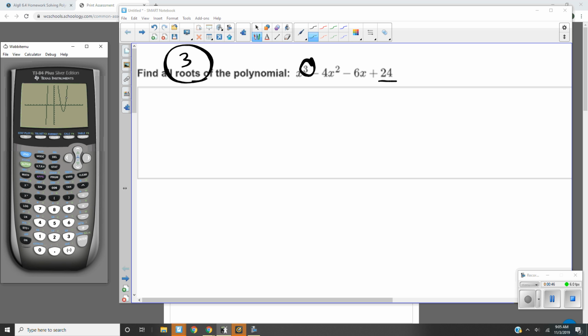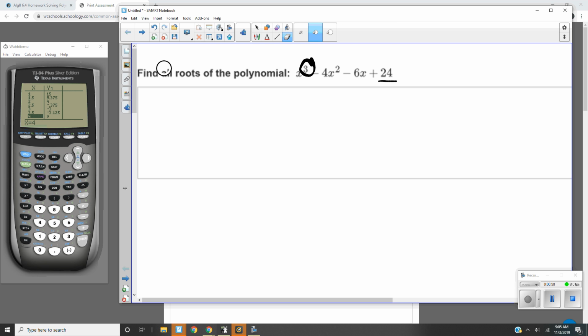And if you can't tell it from the graph, you can hit second graph and see in the table that x equals 4 is indeed one of our solutions. So I'm going to write one of my solutions right here.